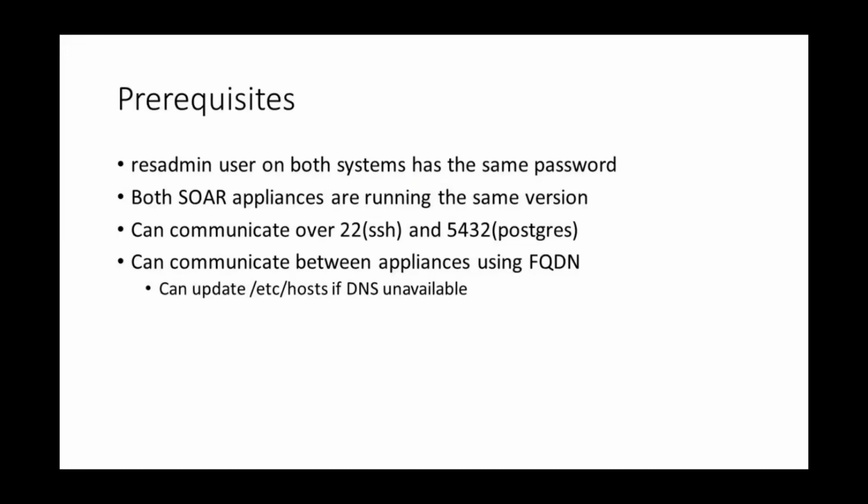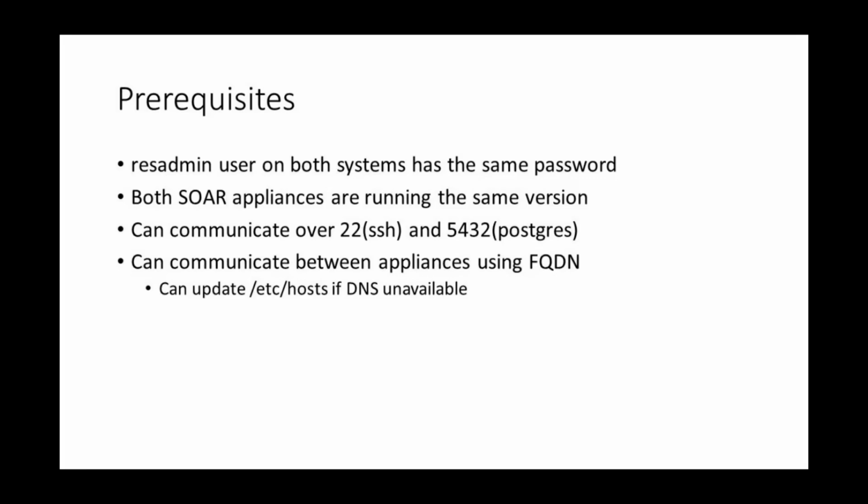Before we get started setting up the disaster recovery SOAR system, a few prerequisites I'd like to mention. First off, the res admin password needs to be the same on both systems. Also, the version of the SOAR instances need to be the same.